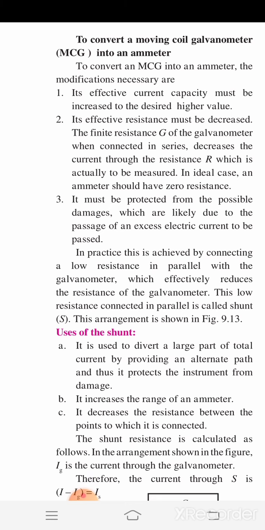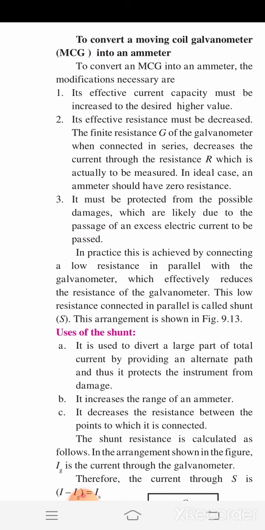That is the third modification which is taken into account in the conversion of MCG into an ammeter. In practice, this is achieved by connecting a low resistance in parallel with the galvanometer. These modifications are possible only when we use a low resistance connected in parallel with the galvanometer.